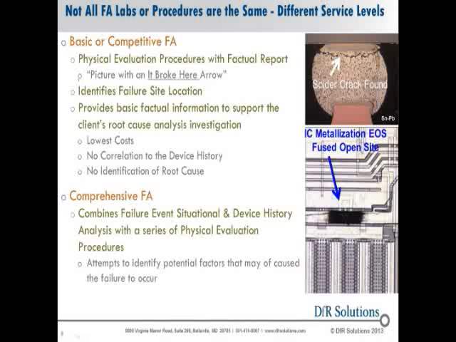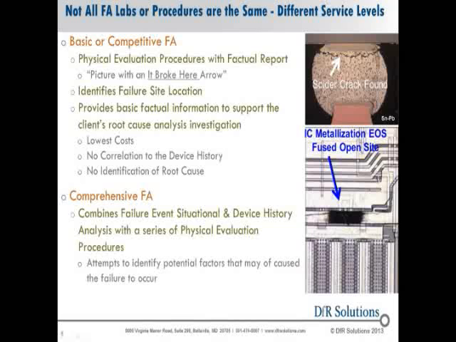That provides the lowest cost, but there's no correlation to the device history, and usually you don't get a root cause identification. You get what we call a picture with the "it broke here" arrow, like I'm showing on the right side of these slides. Hey, we found a solder crack at ball A14.